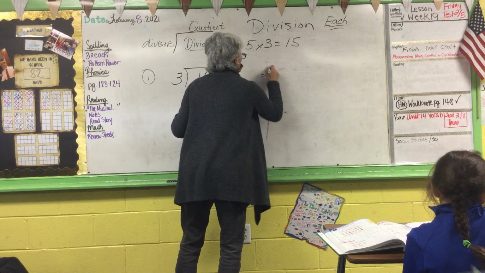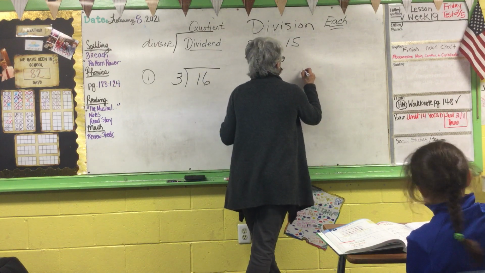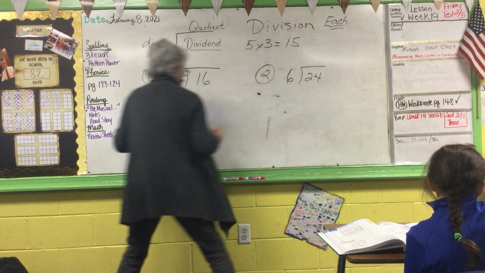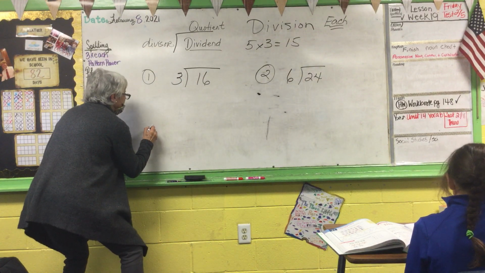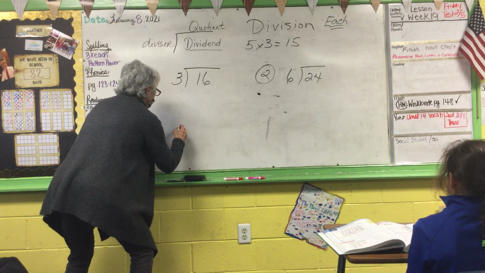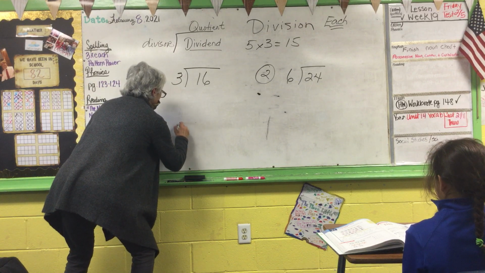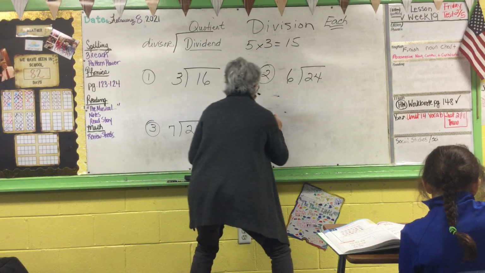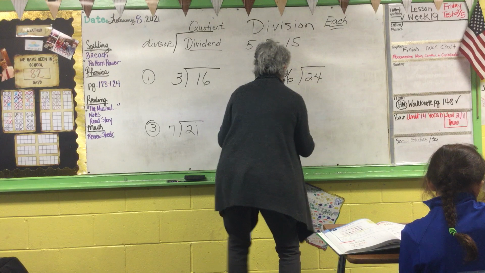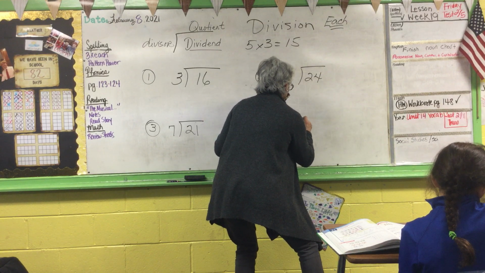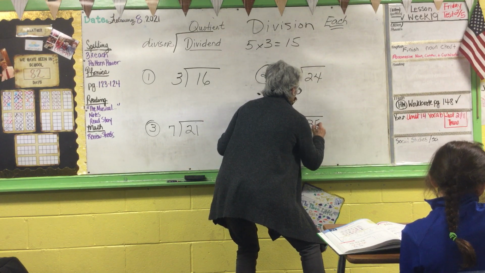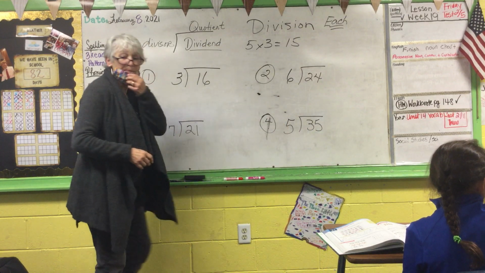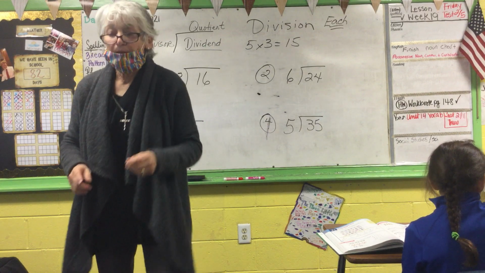Number 2 is going to be, we'll just do 4 because we won't have room. Make sure, guys, you're giving yourself plenty of space because you've got your answer on the top, and then you've got to be able to do that long division.